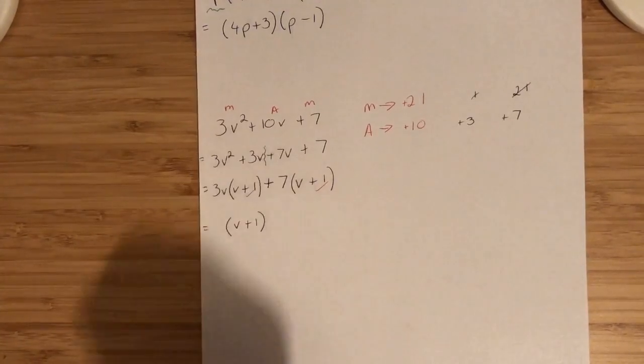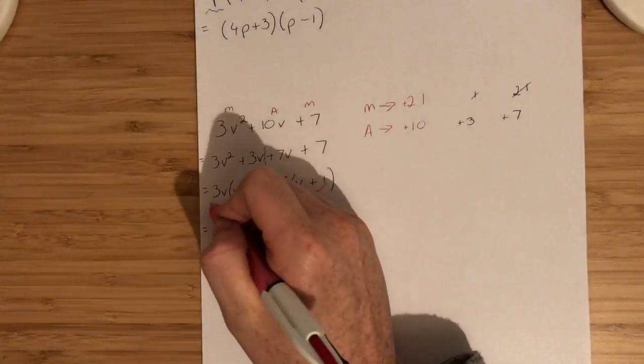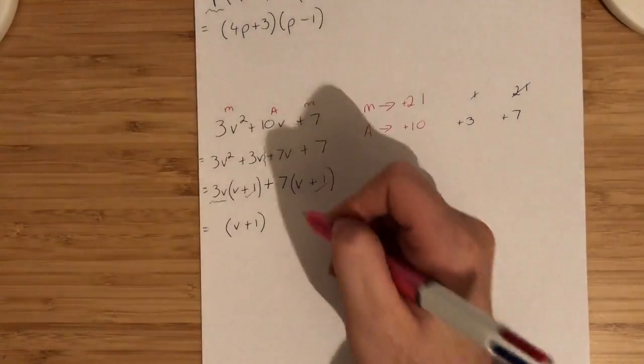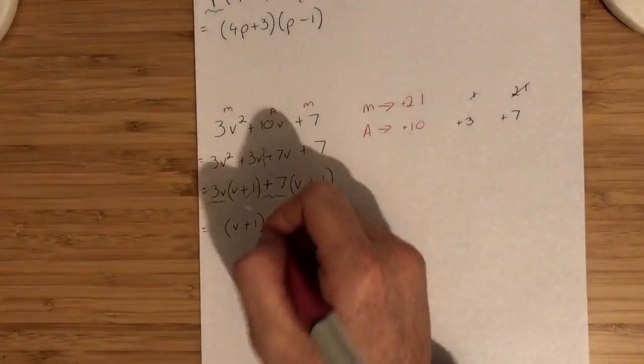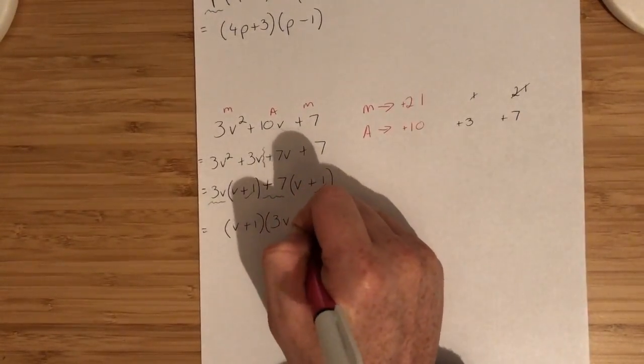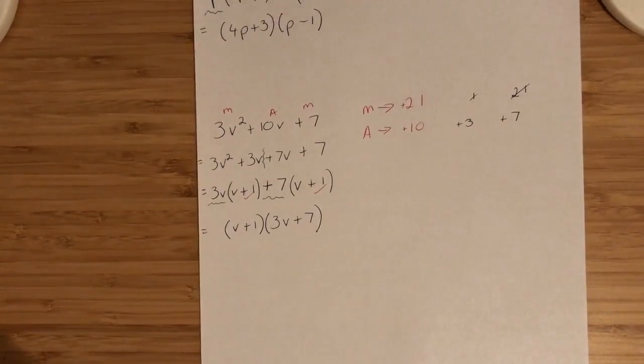V plus 1. And the other one, hopefully you can see already, has come from outside, the 3v plus 7. 3v plus 7. And that's you done. So here's some examples there for you to try yourselves, and there's lots more in your booklet.